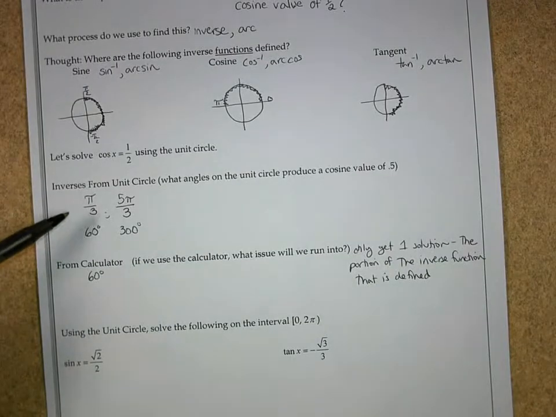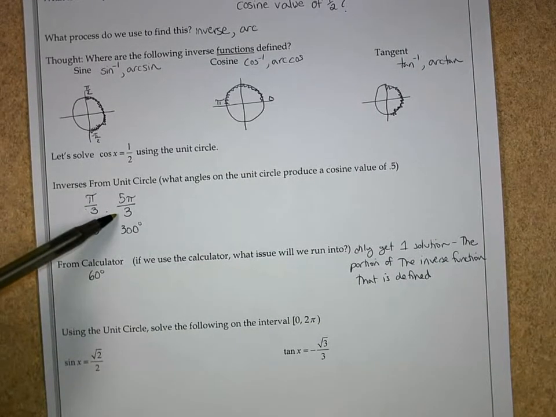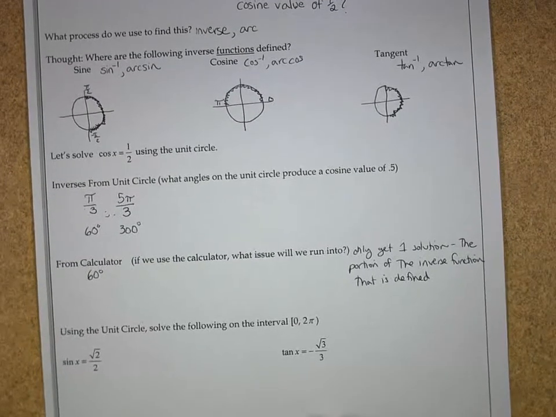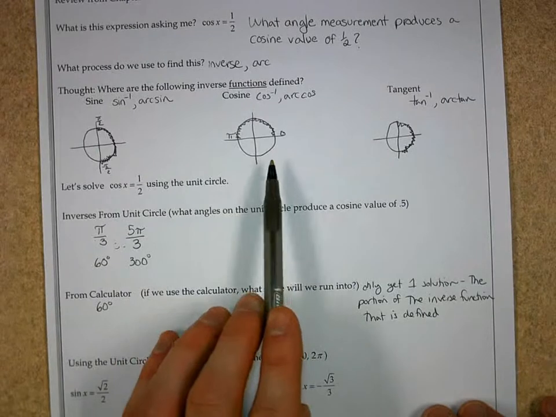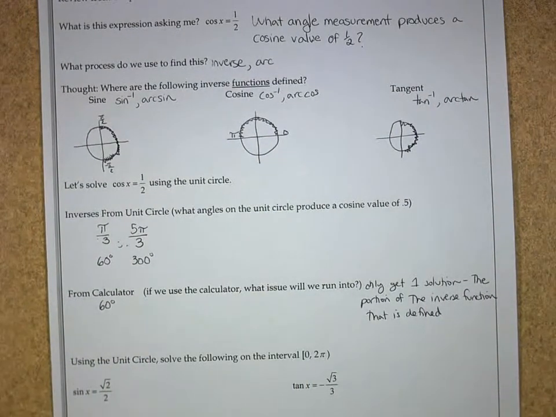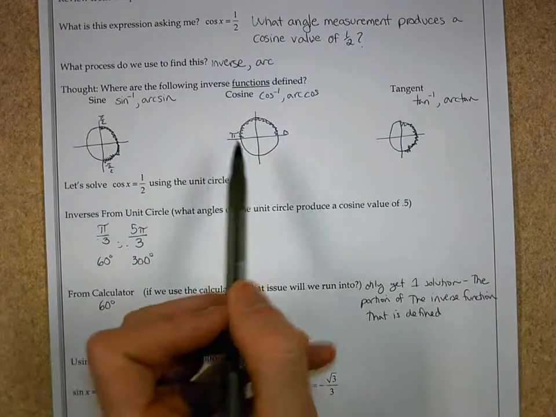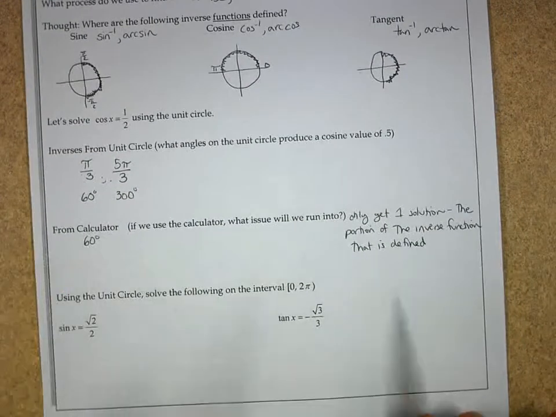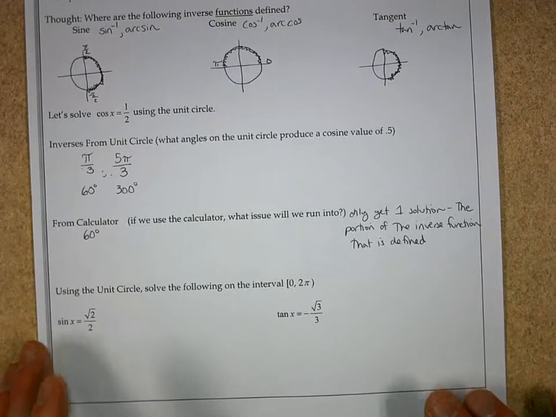When we looked at the unit circle, we saw pi over 3 and 5 pi over 3 both produced a cosine of 1/2, in the first and the fourth quadrant. But we didn't get this fourth quadrant answer from the calculator because the calculator only works with the trig inverse functions. So I only got the first quadrant answer and not the fourth quadrant answer. You're only going to get one solution with the calculator.